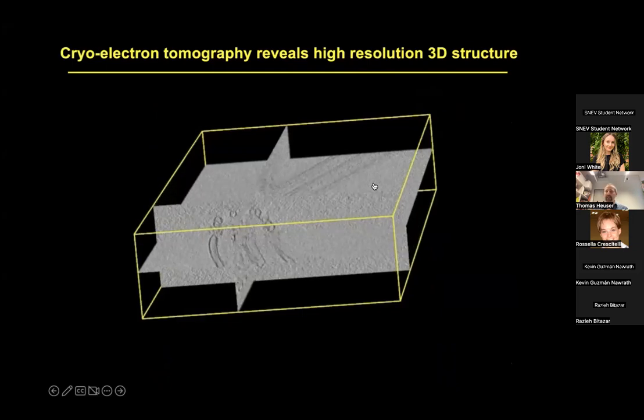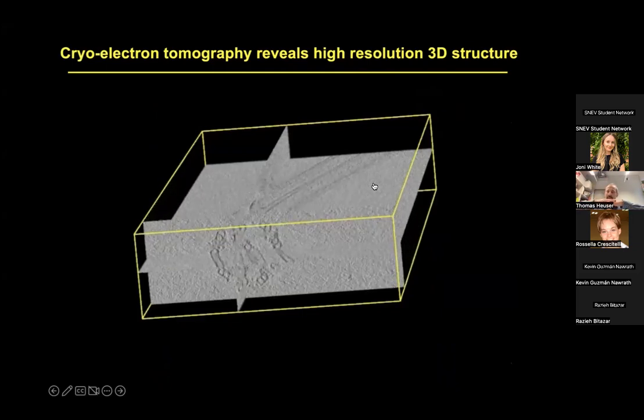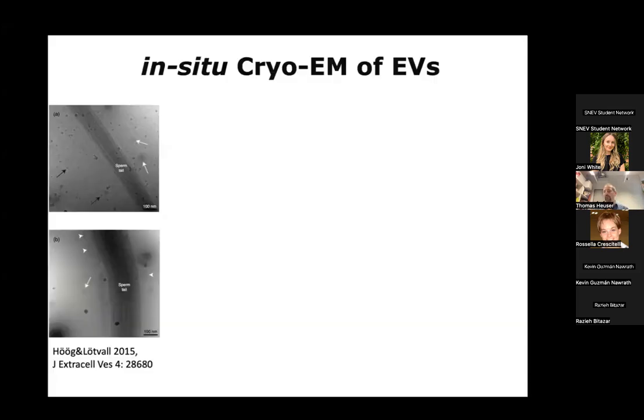Here we don't have a 2D projection image. Here we can really look at it in detail at different Z heights. So with this approach, with the vesicle I showed you before, we would be able to absolutely say, this was really one vesicle inside another vesicle, or it was one vesicle on top of or below another vesicle.